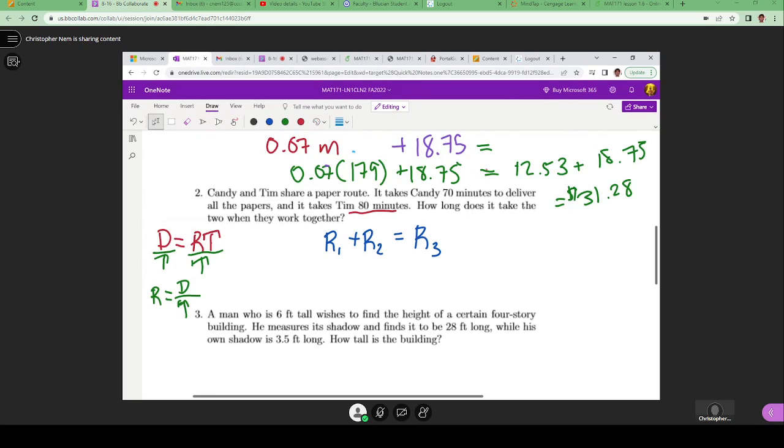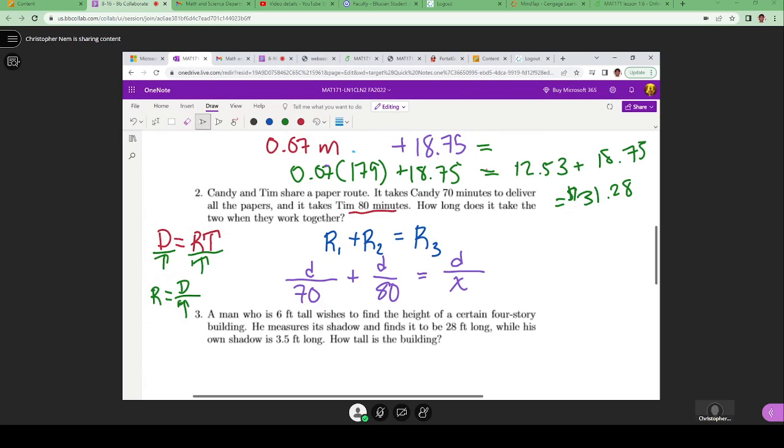The distance that Candy traveled, let's call it little d, and the time it took her to cover that distance is 70 minutes. If you look at Tim, he covers the exact same distance, so it should stay the same variable. However, his time was 80 minutes. Our goal is to figure out, in the same amount of distance, how much time it took for both of them.